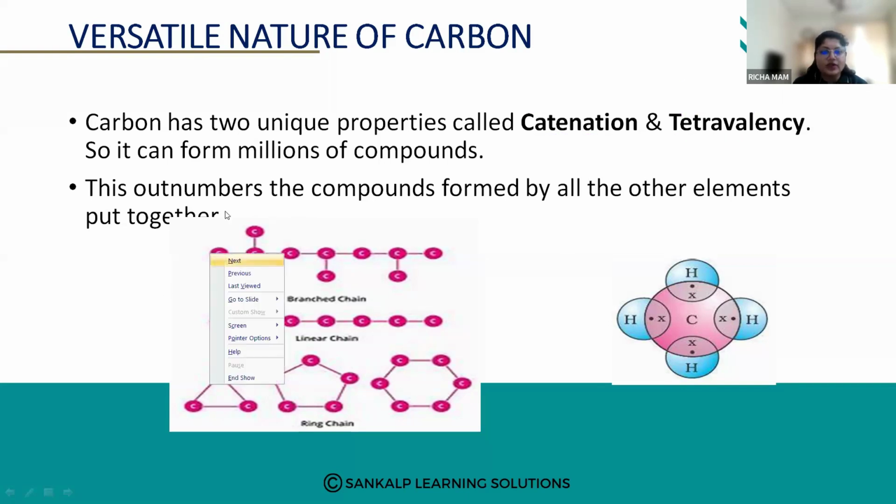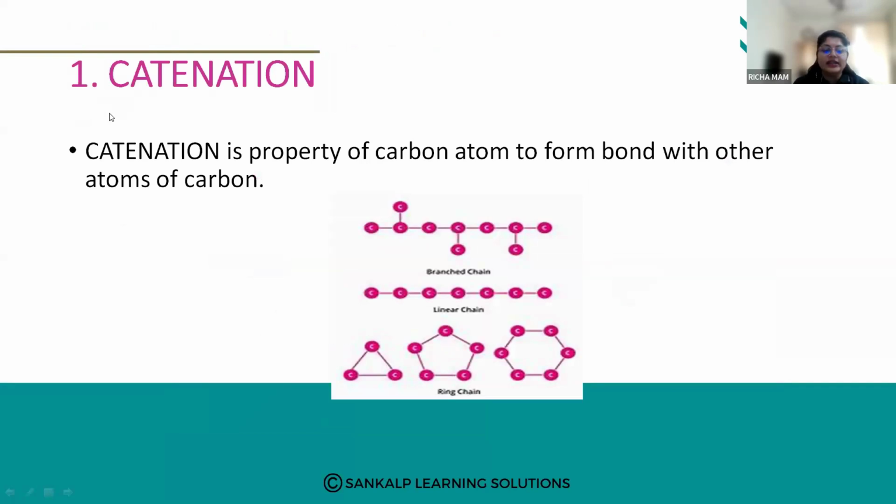First one is catenation. Catenation means carbon has the unique property of linking with itself. This is called self-linking. Carbon can link with similar atoms of carbon and form a bond.